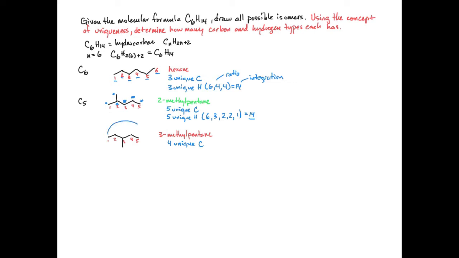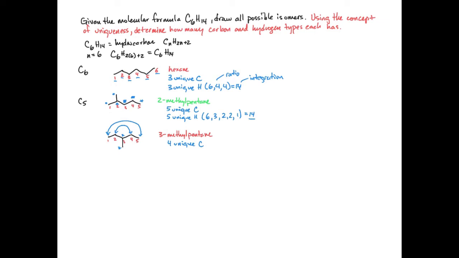So again, just to show that visually, these are equivalent, these are equivalent, then 3 and the methyl group at 3 are both different. So we have 4. So far hexane had 3, 2-methylpentane had 5, 3-methylpentane has 4.